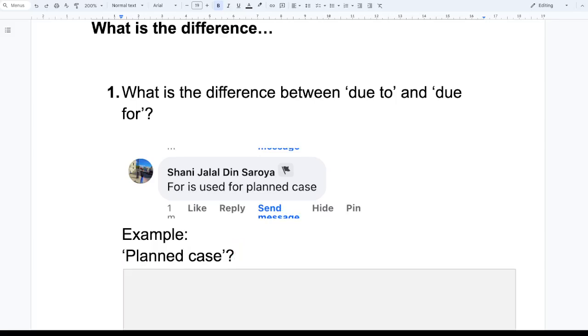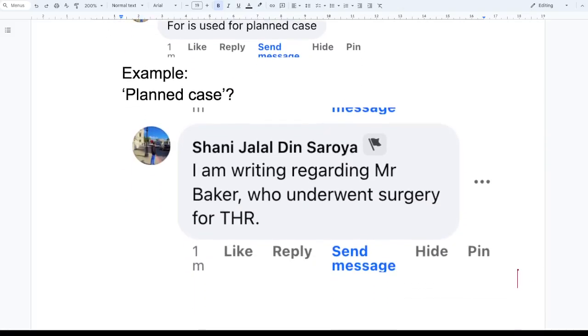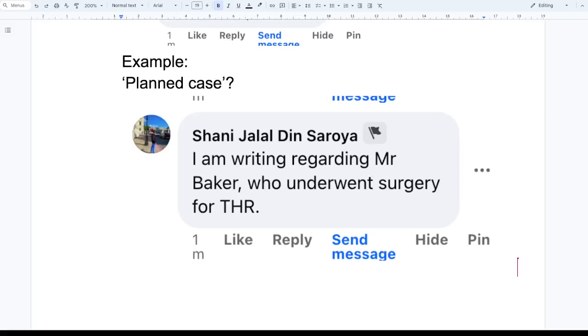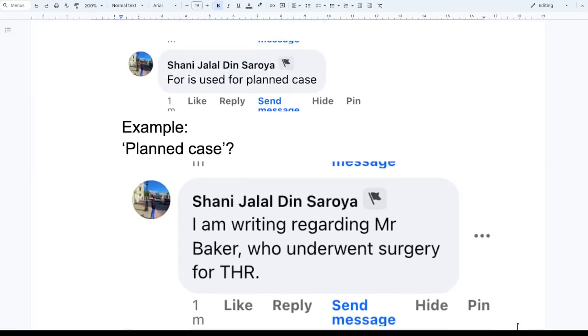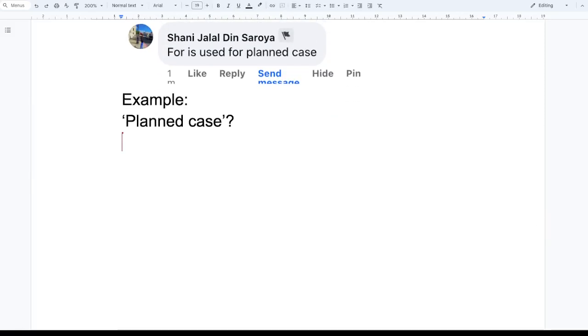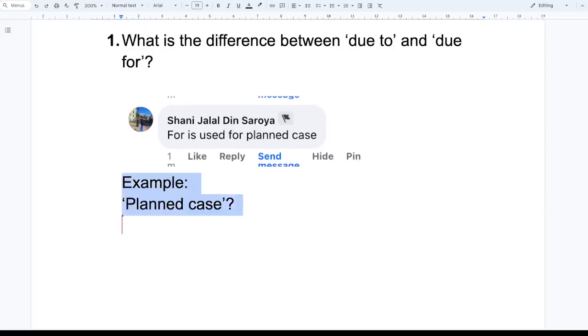So let me show you guys. For. So I think what you mean here, Shani, what you're saying, I think, is this. He's saying for, or due for as well. For is for future planned events.